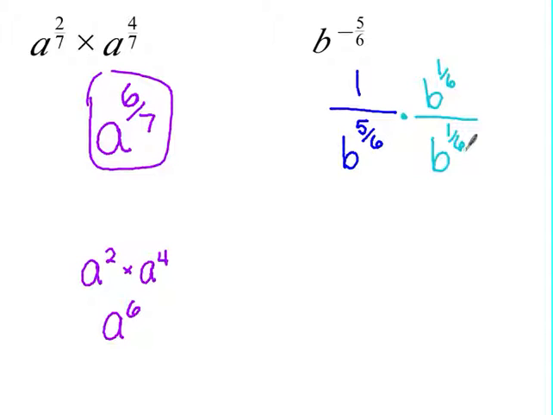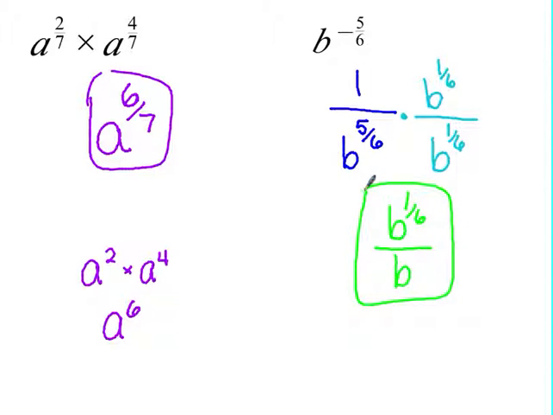Why did I pick 1/6 as opposed to 5/6? Because if you add 5/6 and 1/6, it makes 1. So you're putting whatever exponent here that, when I add it to 5/6, gives me 1. On the top, I'm going to be left with b to the 1/6, and on the bottom, I'm going to be left with b. And that is your final answer.